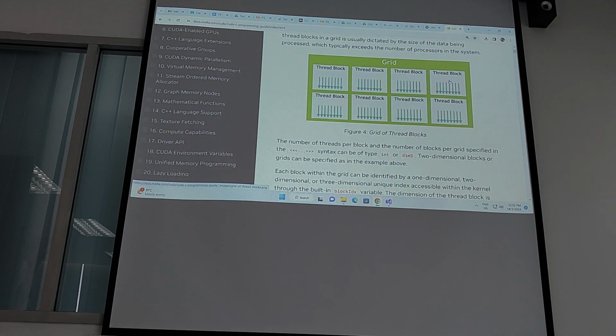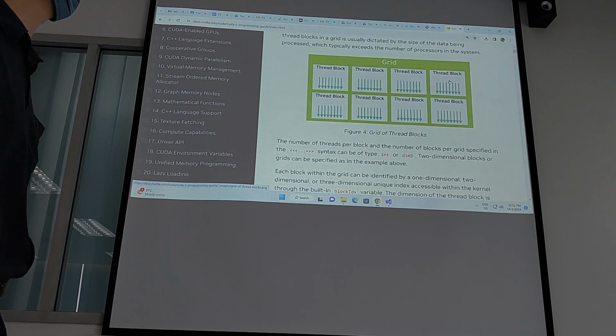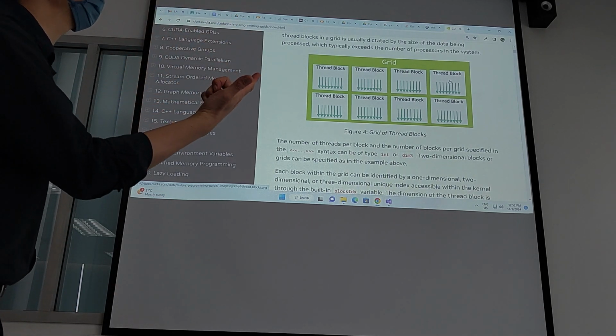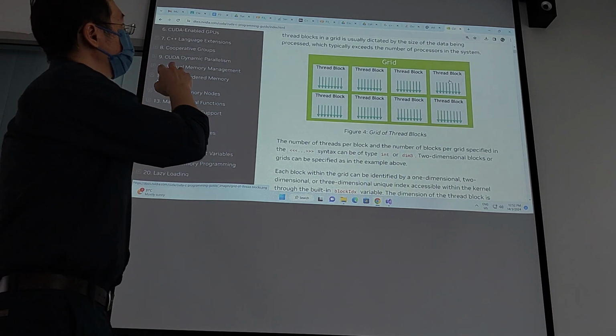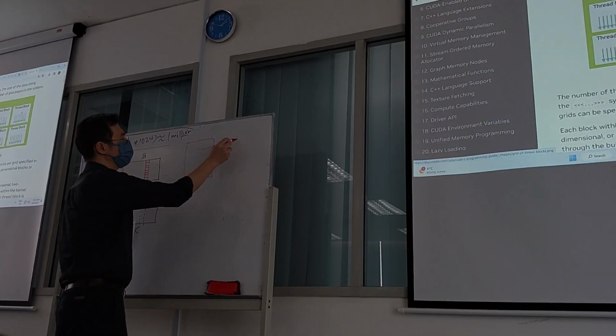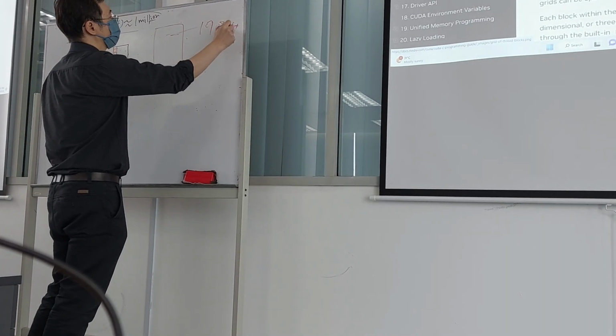Okay, so I'm going to compress a little bit just to tell you what you need to know in order to calculate the thread size and also the grid dimension. Now the GPU actually has a lot of processors, so it has a lot of cores. I think the latest one is about 1,900 plus.